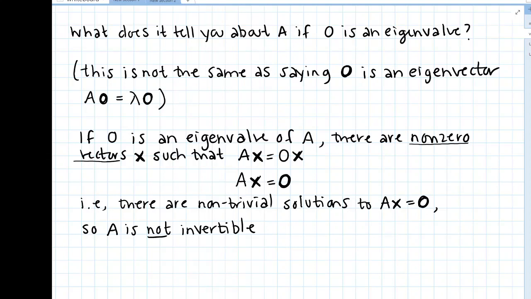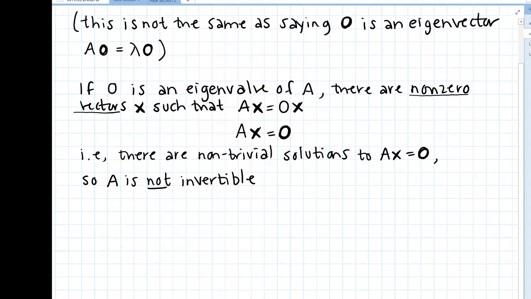So basically we have something new to add to the invertible matrix theorem now. What can we add? That in order for an n by n matrix A to be invertible, it cannot have a 0 eigenvalue. So let me just write that below here.